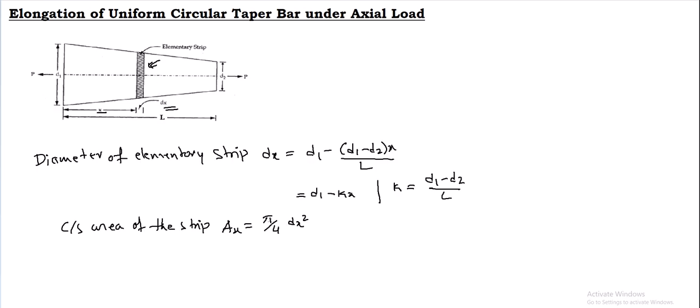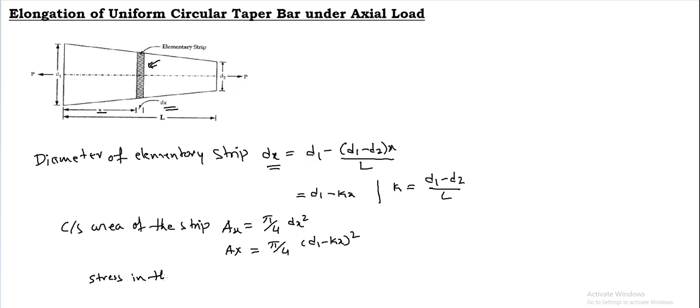So dx is this one, so pi by 4 times D1 minus kx whole square, that is Ax. Okay. So now I will write the stress in the strip.